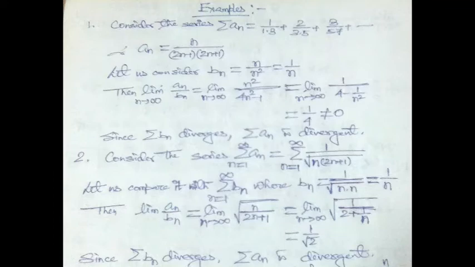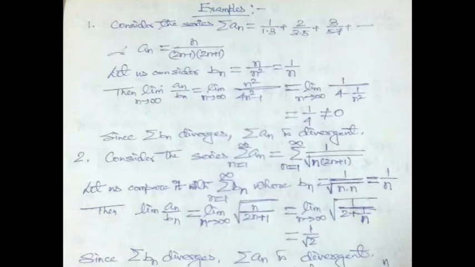Consider the series with nth term u_n equals 1 by square root of n times (2n plus 1). So in this case I will also try to use the comparison test. So we have to compare it with some other series, say for example b_n equals 1 by square root of n times n, that is 1 by n.